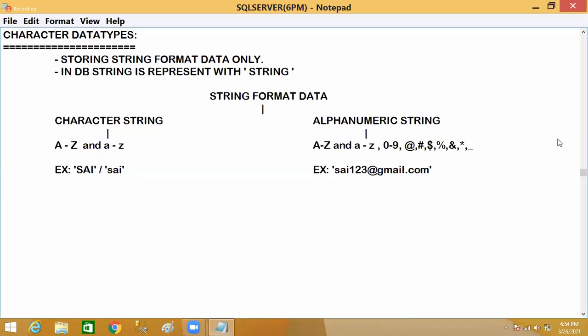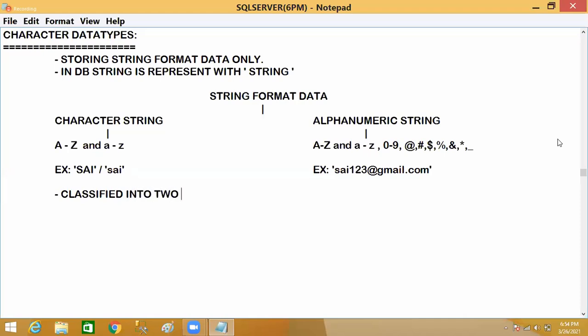So this kind of combination of data is called alphanumeric. So we can store either only character string data or alphanumeric string data.